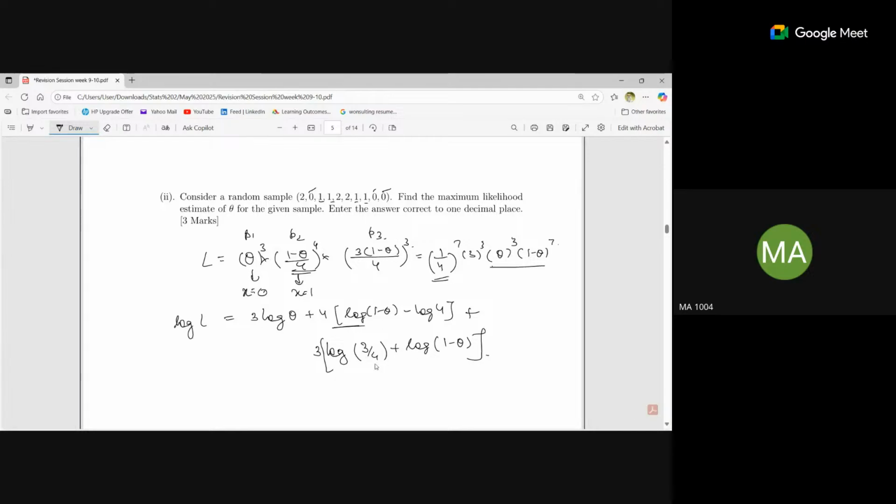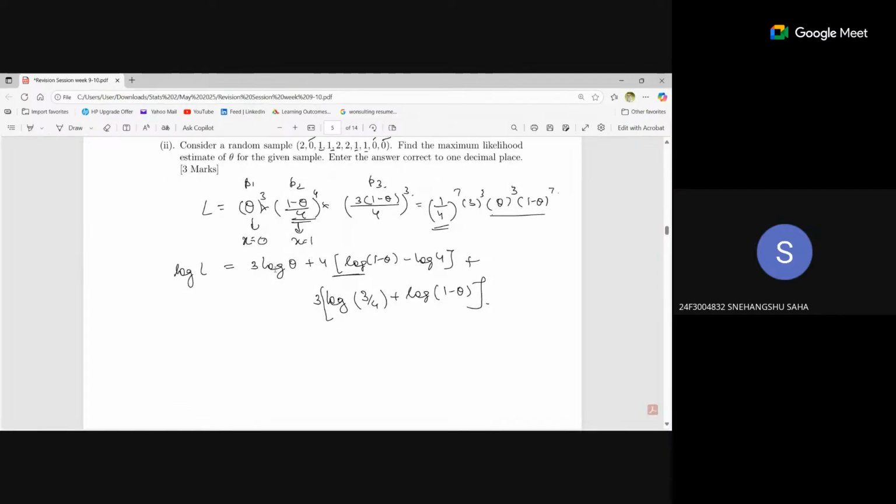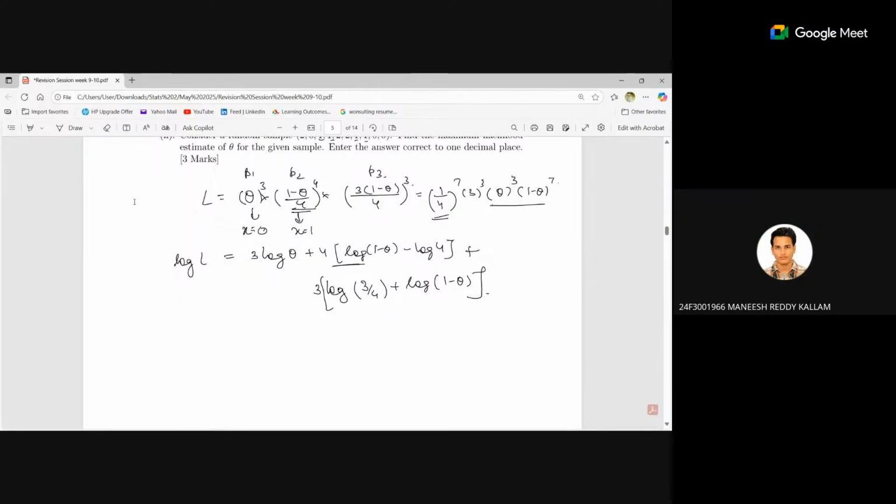So I can write it like this as well, correct? Ma'am, where did log theta go? Oh, sorry. Got it. Ma'am, I have written it like 3 times 1 minus theta minus log 4. Is that also right?